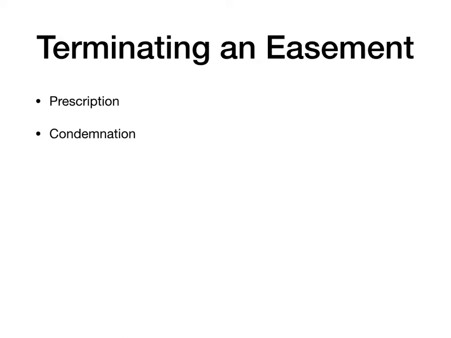The reason for the differentiation between a taking and condemnation is an eminent domain. You can think of it this way. Eminent domain has to do with the powers that the government has to take private property for public use.